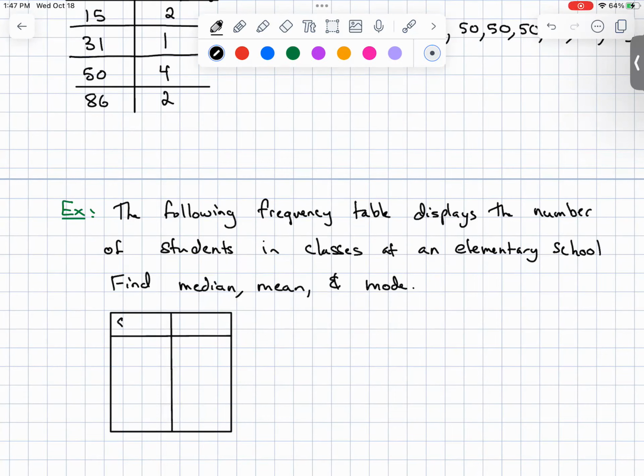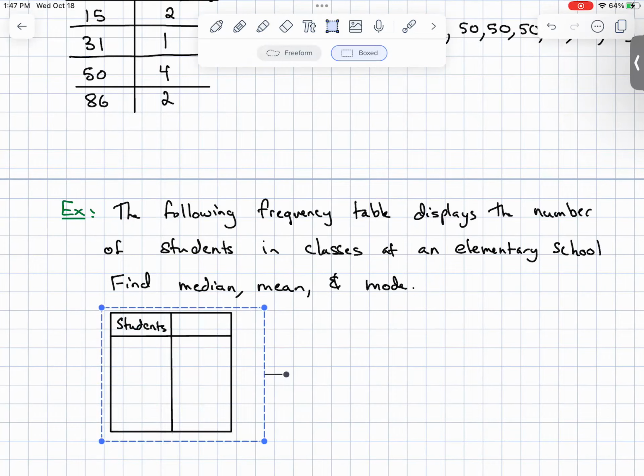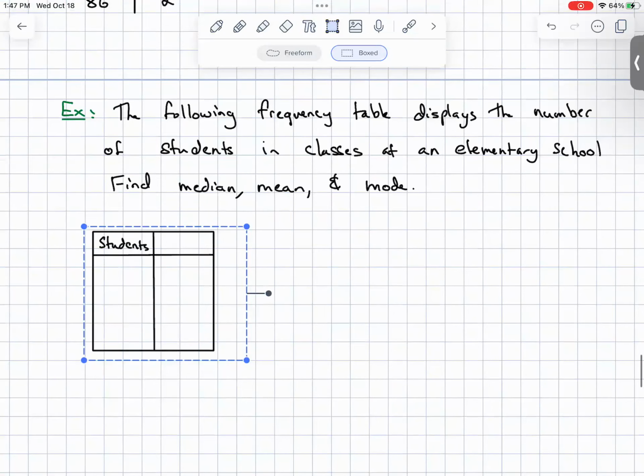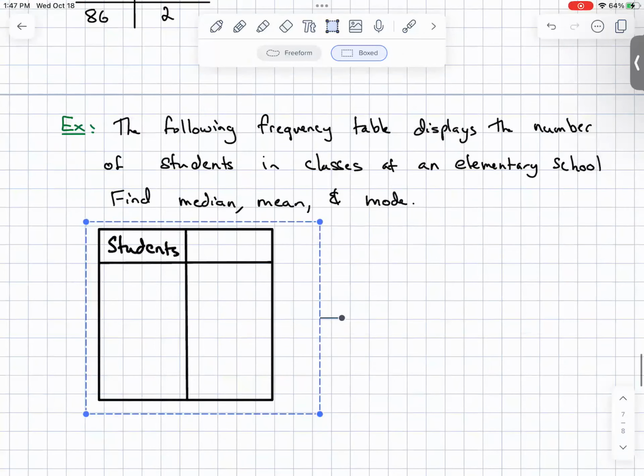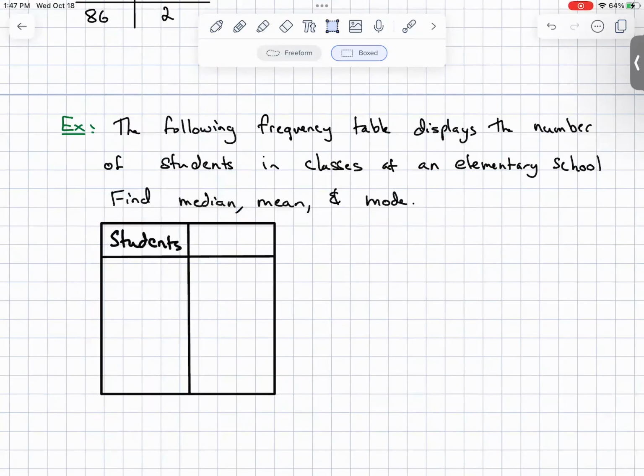So students, I'm gonna make this box larger. I didn't make this large enough for me. That'll be better. Students and then frequency.